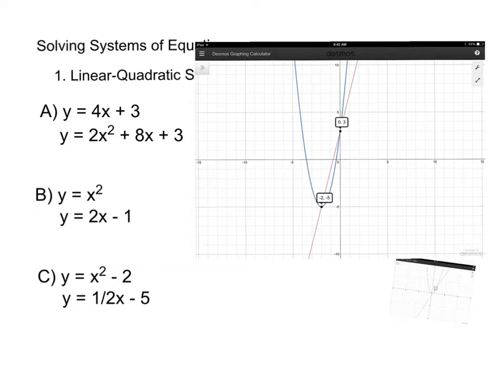Somehow you have to show that those are together, and I would suggest doing it with an ordered pair, because you couldn't say x equals 0 and y equals -5. That's not the solution. It's a solution for x and it's a solution for y, but they don't go together. So I would suggest giving your answers here as ordered pairs. And most often you're going to have something like this, where you have two solutions.